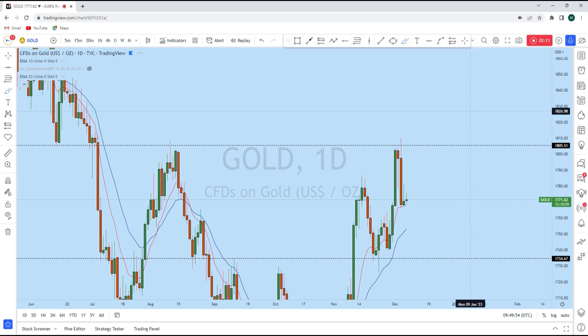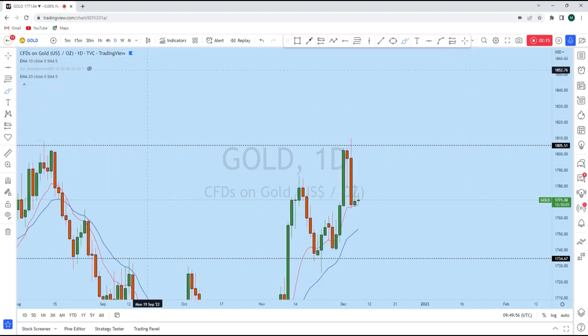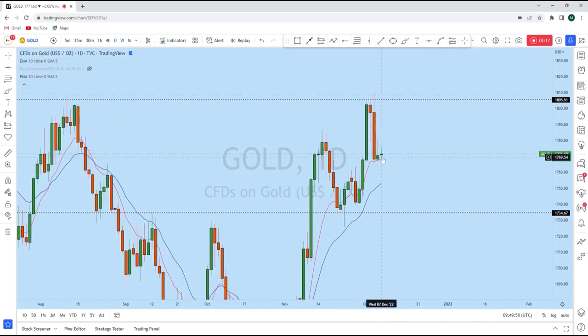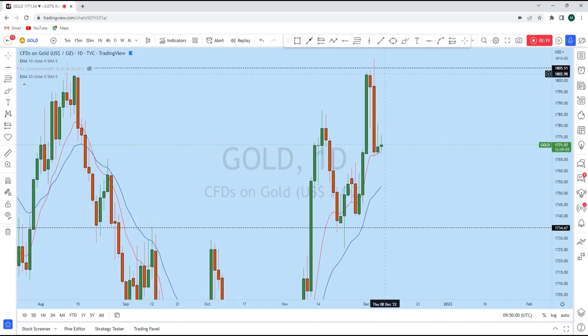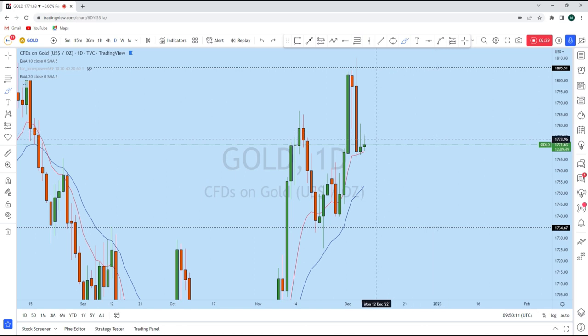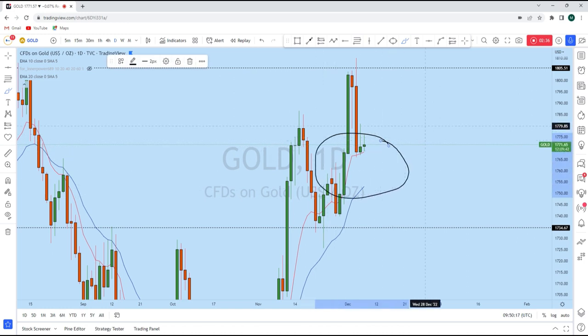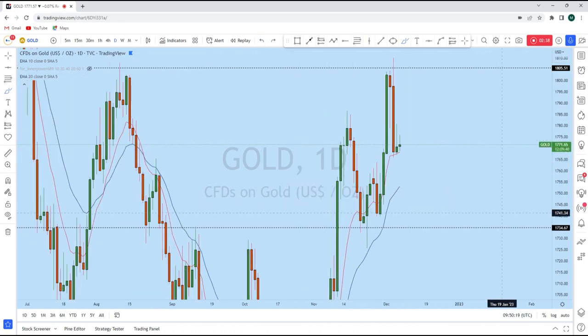Looking at daily, we see that on the previous day a narrow doji was formed. We also saw a false breakout on the daily perspective here. The price created this movement to the upside, this narrow doji. Now we see that sellers are again in control in comparison with the buyers in this area, giving us a potential drop on gold.